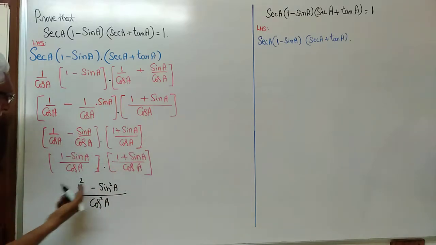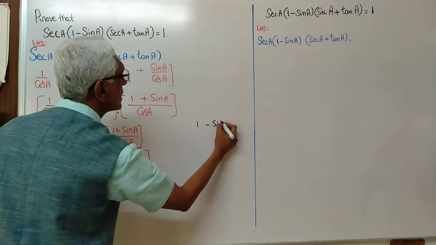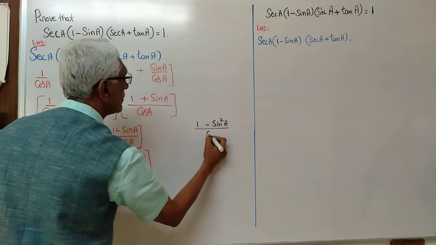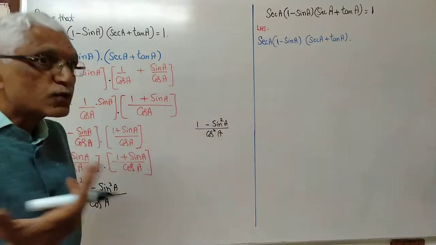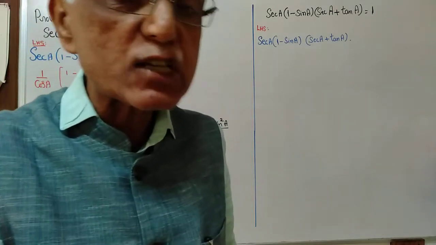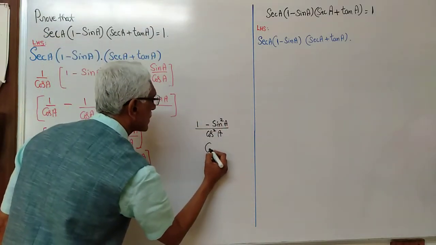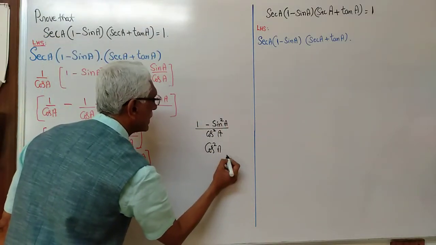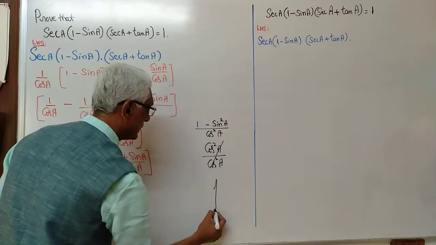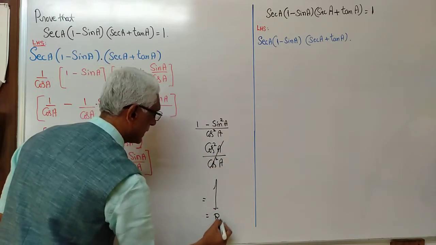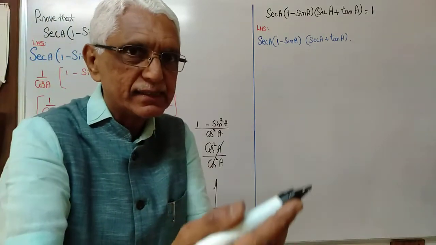Shall we continue here? 1 square is 1, minus sin square A divided by cos square A. And you know the identity sin square A plus cos square A is 1. Or 1 minus sin square A can be written as cos square A divided by cos square A. They get cancelled and you get your 1. That is your right hand side.